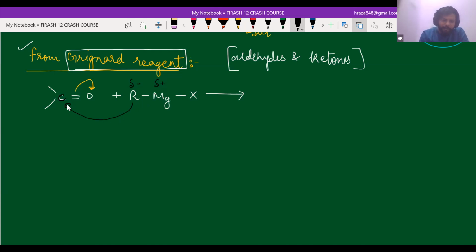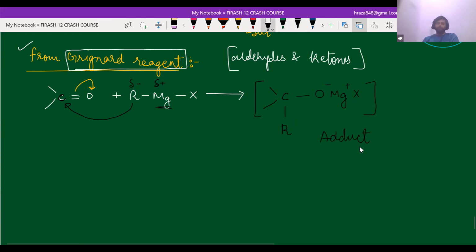Are you getting my point? This bond will stay as it is, and this R comes here to carbon, and this is O negative, and Mg is positive, so it will come here as Mg plus and then X. This is basically your intermediate that is known as adduct.